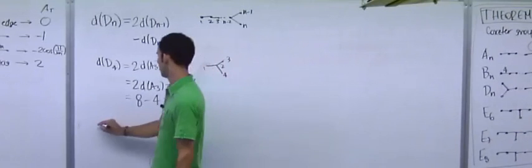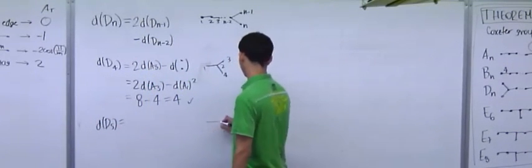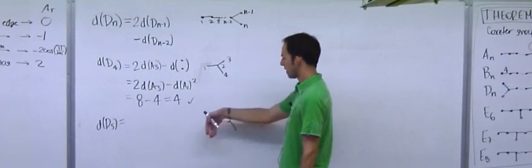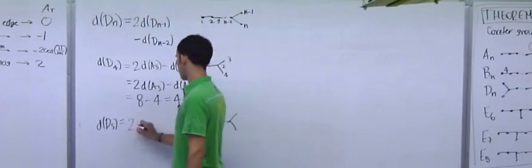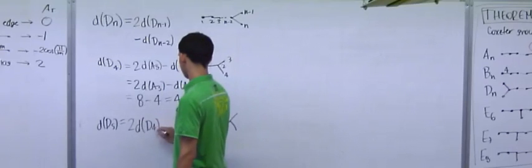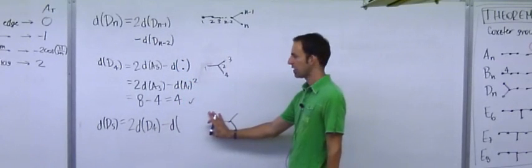We do this for D5. We get rid of the first vertex, and we get D4. We get rid of the first two vertices, we get A3.